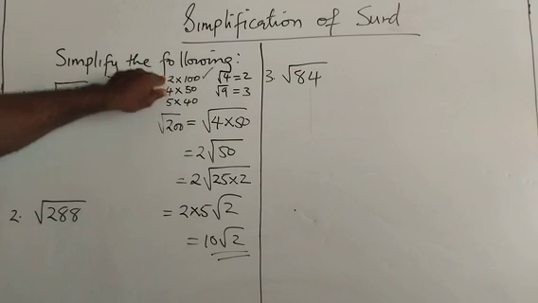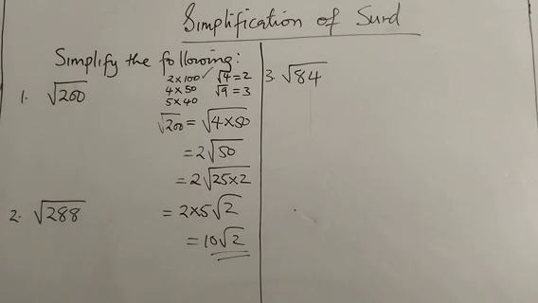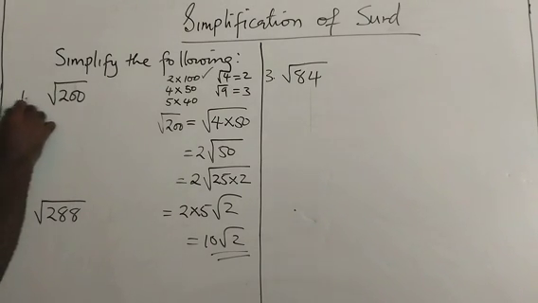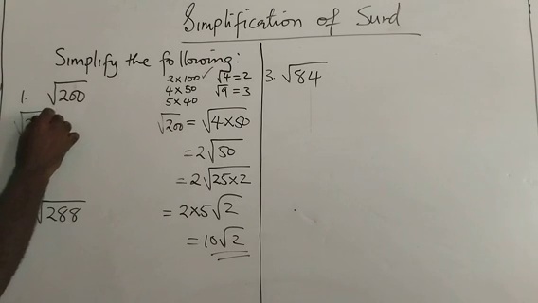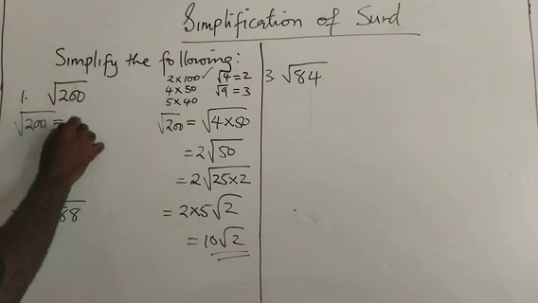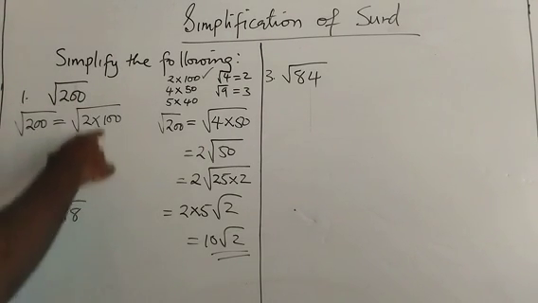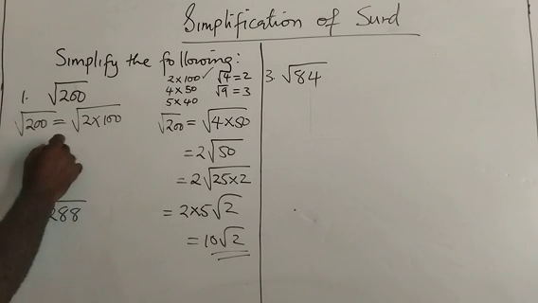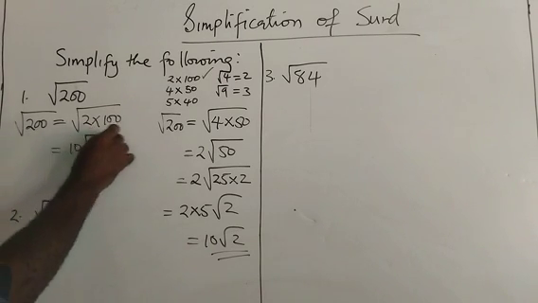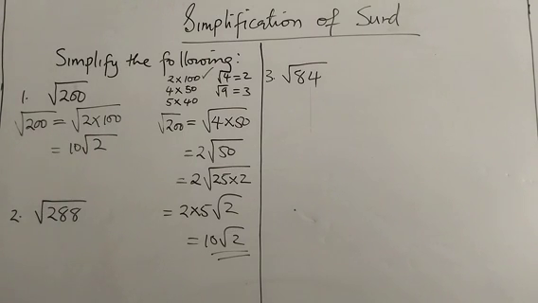Now, if you decide to choose the first one, which is 2 and 100, this is what you get. Root 200 equals to root 2 times 100. 100 is a perfect square. It comes out as 10 root 2. Now, this is the answer.